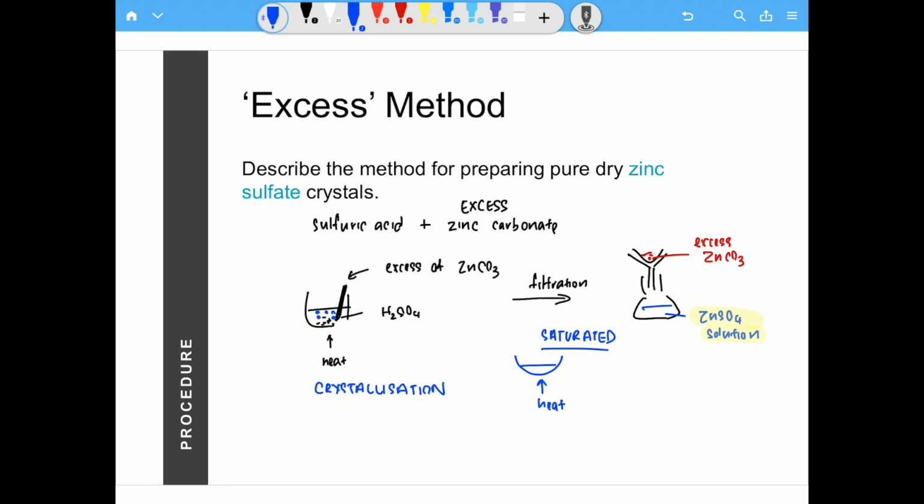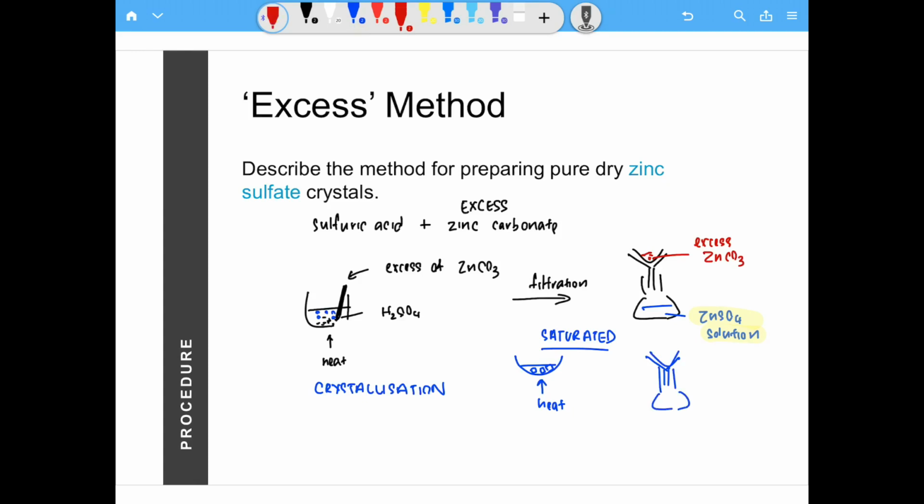So any excess solid would come out in the form of crystals. After heating until it's saturated, we need to let it cool down, and on cooling your crystals will start to appear. Now we need to separate the zinc sulfate crystals from the solution, so we perform a second filtration.